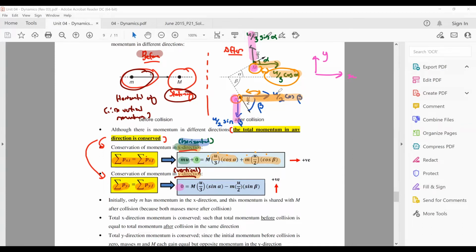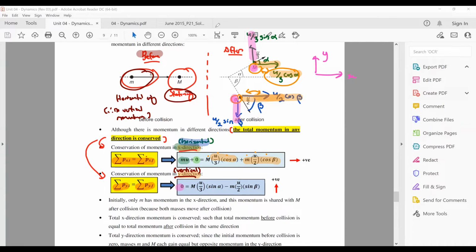Now, when you add these, this is where you need to be a little careful. Remember, I mentioned to you that when adding or subtracting vectors, you need to be careful about the directions. There is always a sign convention that you need to take into account, where you assume one direction to be positive.